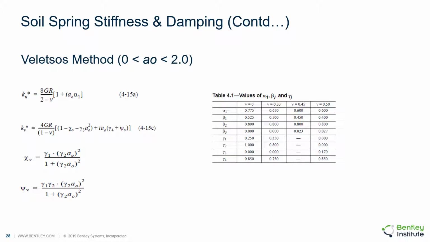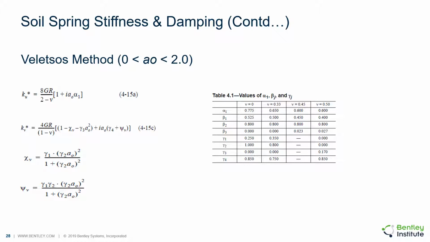This slide describes the Veletsos method, which is based on complex domain mathematics. This method, unlike Richard-Whitman method, is dependent on frequency and applicable for dimensionless frequencies up to a value of 2. If you look at the generic form of this equation, there is a real part and an imaginary part.